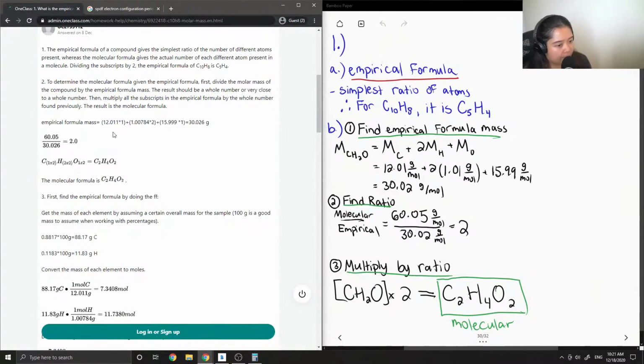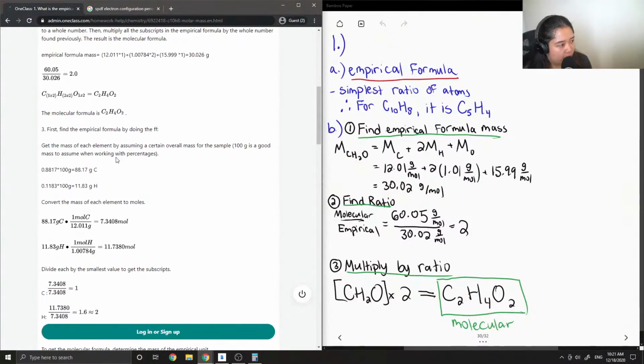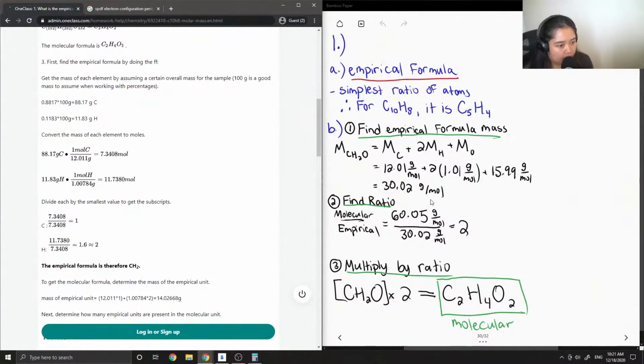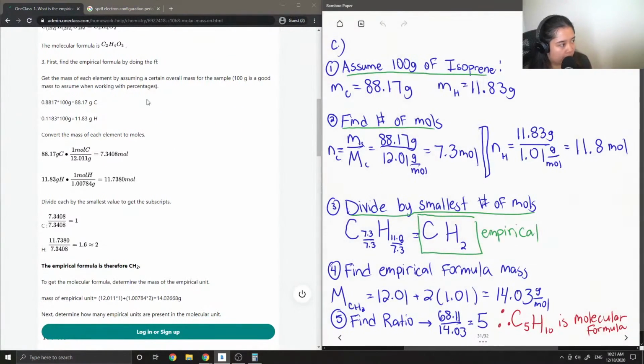So they found the empirical formula mass to be 30.026. Dividing it by the molecular, you get 2. And then they found their molecular formula to be C10H8. Okay, so part 2 is correct.